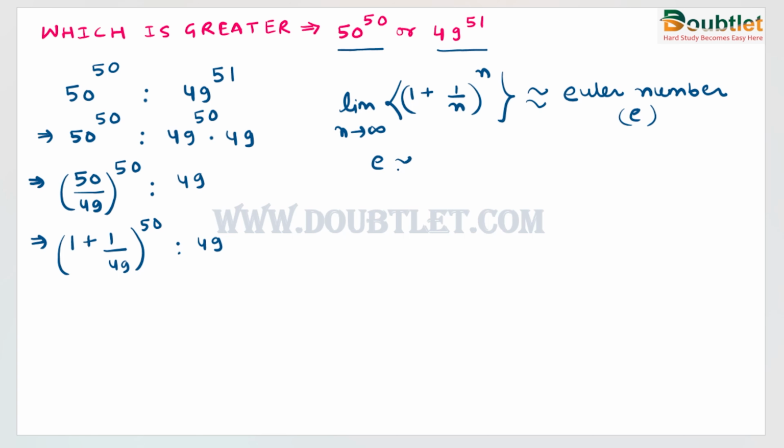The value of e is close to 2.718282849045 and so on to infinity. Since it is an irrational number, we can assume its value is close to 3.